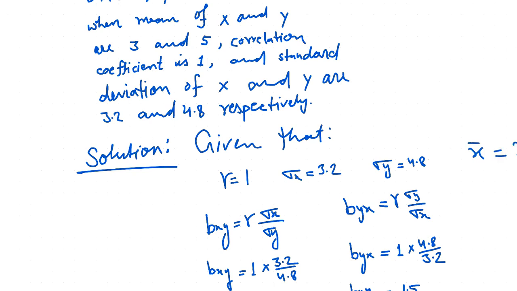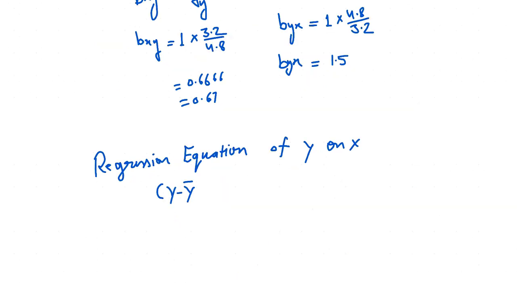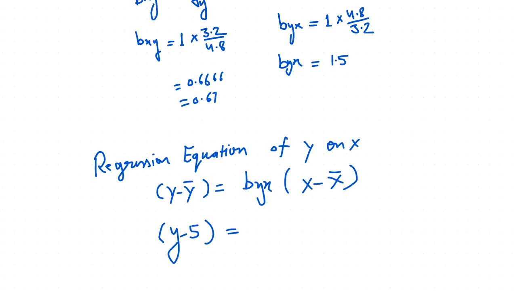So let us put the values now. y minus y bar is equal to byx into x minus x bar. Now let us put the values. y bar is 5, byx is 1.5, x bar is 3. So y minus 5 is equal to 1.5x minus 4.5.